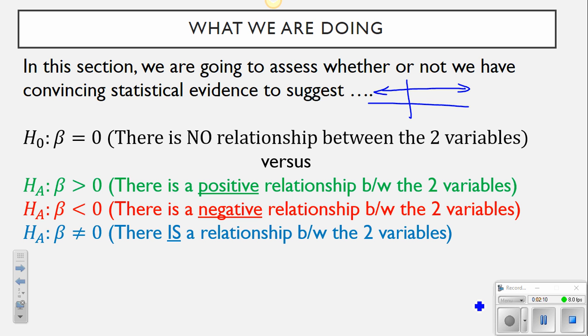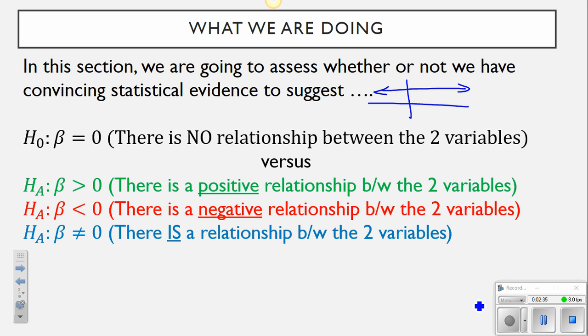Or maybe there's a negative relationship, if beta is less than 0. Or it's just not 0, which means we're just going to say there is a relationship between these two things. So that's what we're going to do in terms of testing hypotheses for a linear regression t-test.